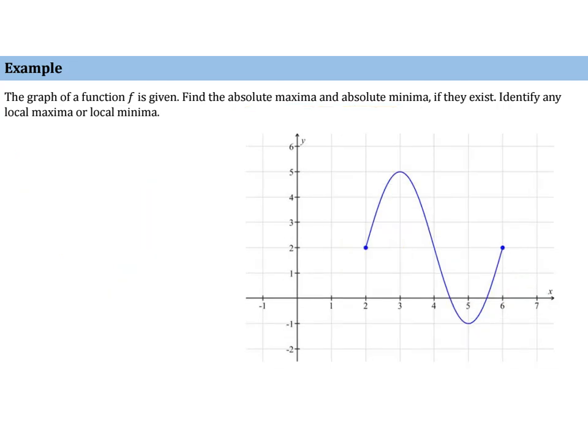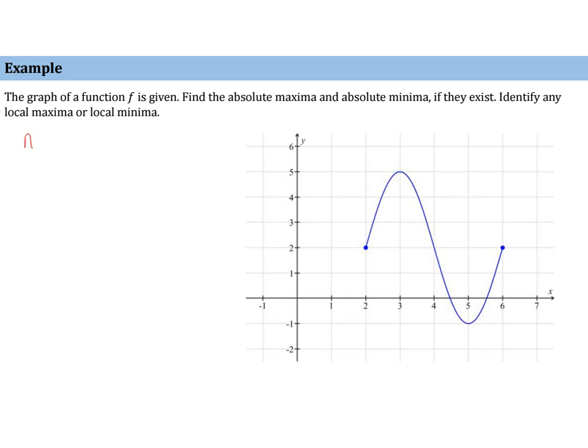Now take a look at this graph and see if you can find an absolute maximum and an absolute minimum. Now we do the same thing on this graph. Let's look first for any absolute extrema and then any local extrema.